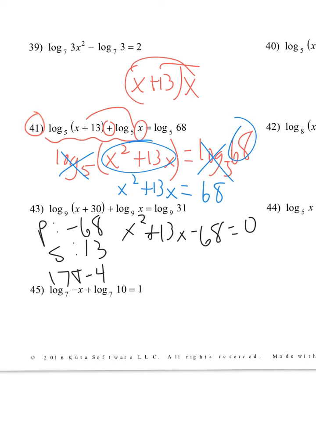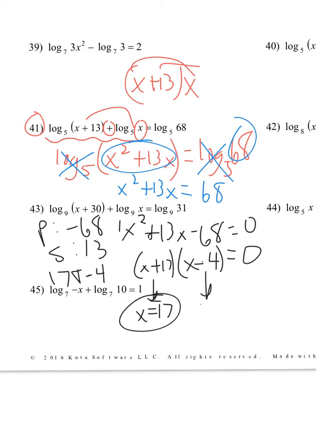Now this is where a is 1, so I can go right into my two binomials, use the little shortcut, and say it's x plus 17 and x minus 4. If I set that equal to 0, I'm going to get x equals negative 17, and x equals positive 4.